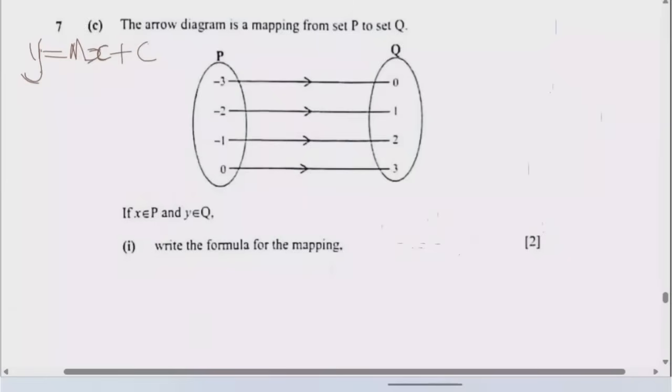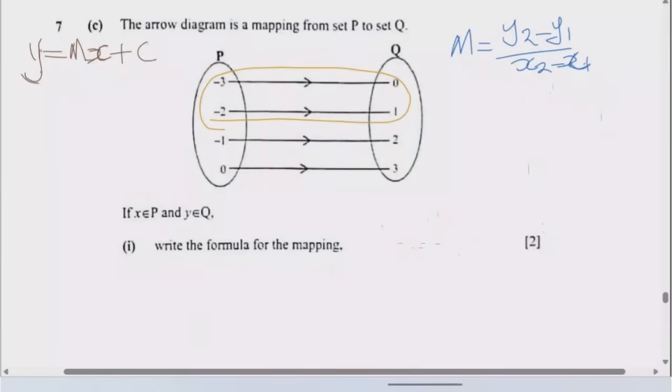The next thing we do is we find the value of gradient. That's the first thing. So we're going to say gradient is equal to y2 minus y1 over x2 minus x1. So what we can do now is identify the two sets of pairs that we can use. So we're going to use these pairs.